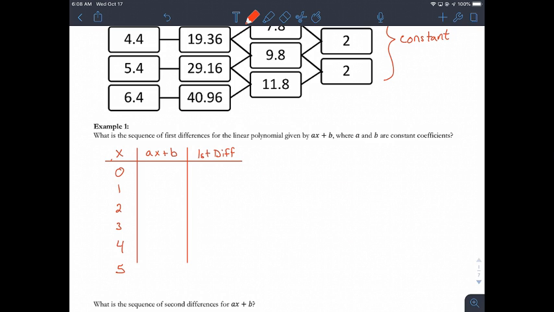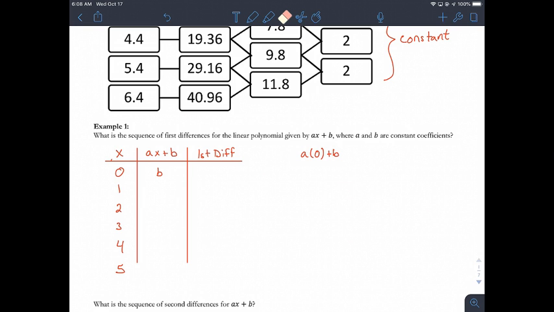All right. What we're doing here is we are plugging in values of x into our expression. So we have ax plus b. If we were to plug in 0 into that, we would have a times 0 plus b. Notice that a times 0 is 0, and then whenever you add b to it, you just have b. So we can put a b there.